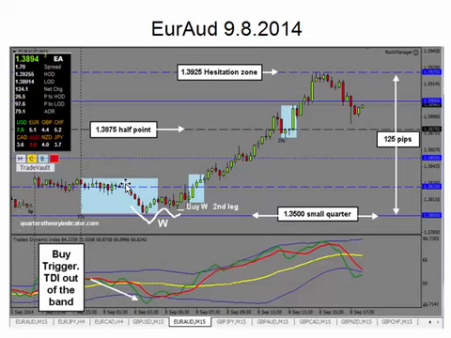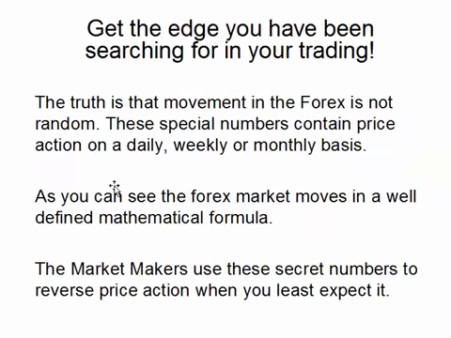As you can see, all price action patterns originate at specific predefined numbers that are hidden on your charts in plain sight until now with the Quarters Theory indicator. Get the edge you have been searching for in your trading.